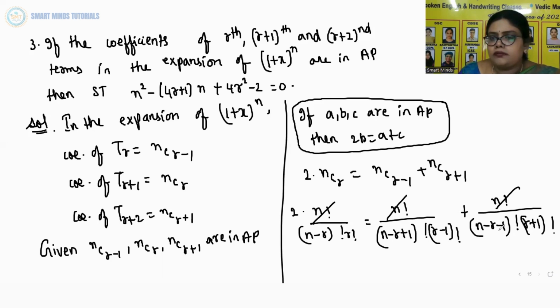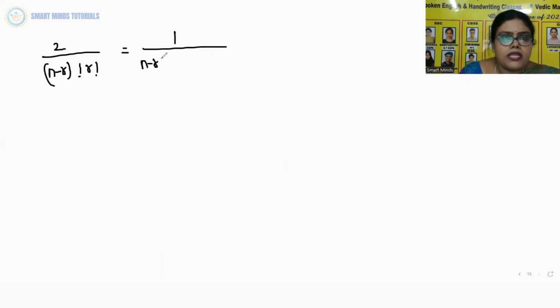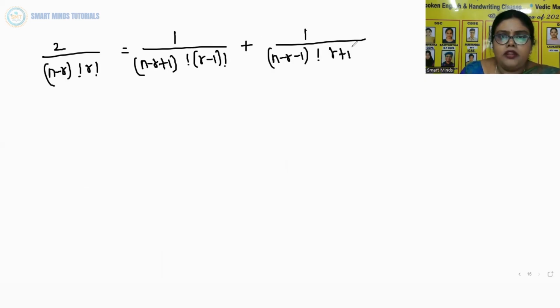Now we will simplify it further. So that is 2 by (n minus r) factorial into r factorial is equal to 1 by (n minus r plus 1) factorial into (r minus 1) factorial plus 1 by (n minus r minus 1) factorial into (r plus 1) factorial. Now how can we take the LCM for the right hand side?